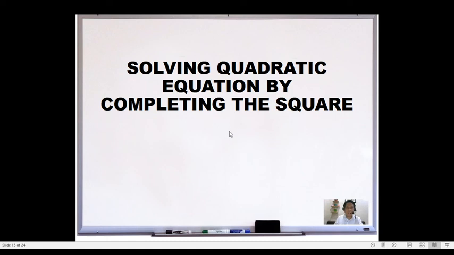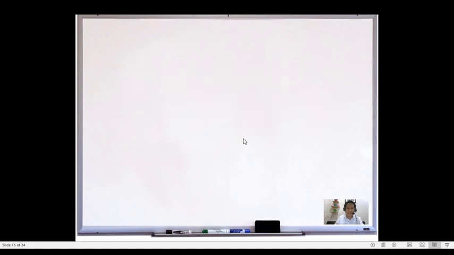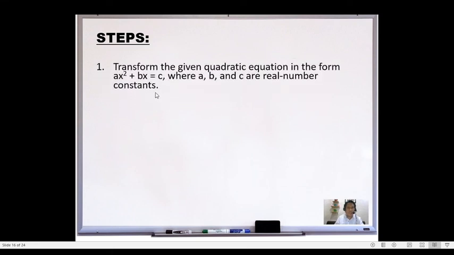Let's proceed to the second, the third method, that is solving quadratic equation using completing the square. Again, there are steps to be followed. The first one, transform the given quadratic equation in the form of ax squared plus bx is equal to c, where a, b, and c are real number constants.